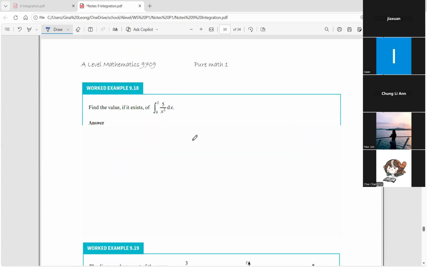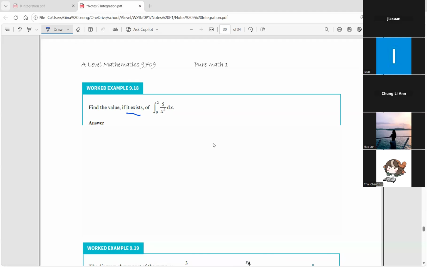So we go through this first. Let's do an example, because when I talk so much you also don't understand what I'm talking about. He asks you to find the value, if it exists, which means there is a value.